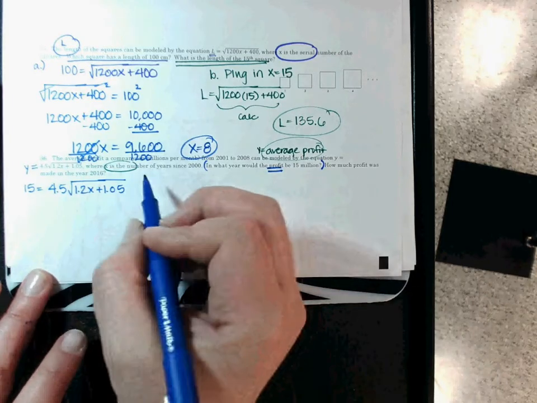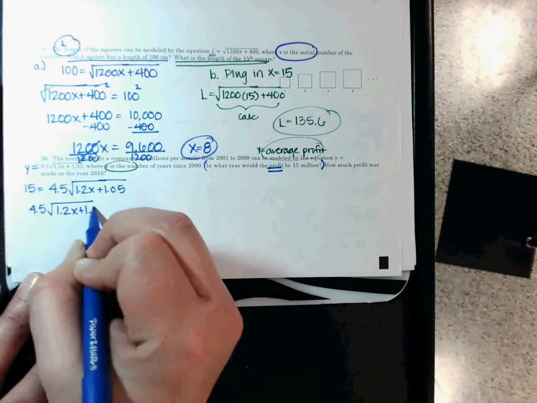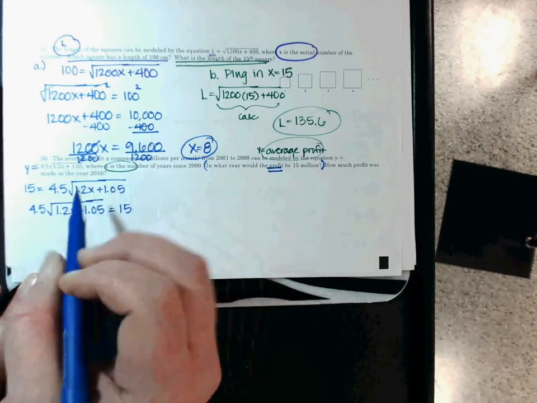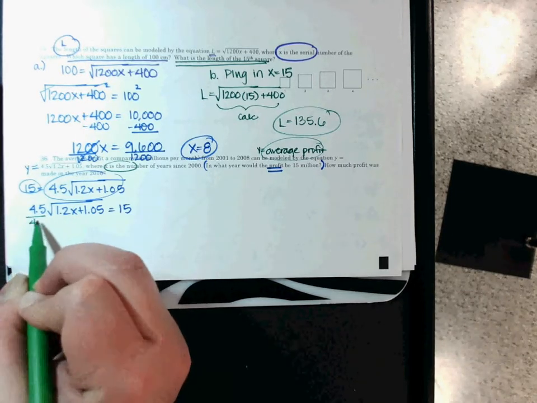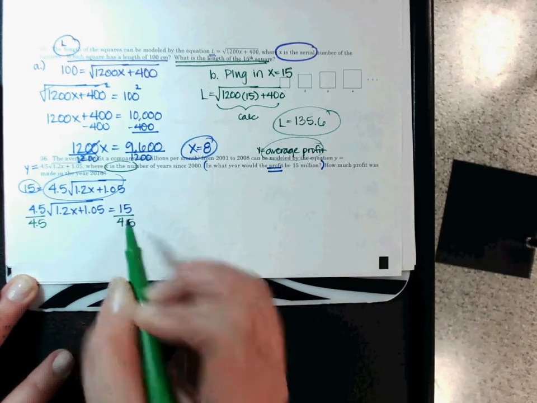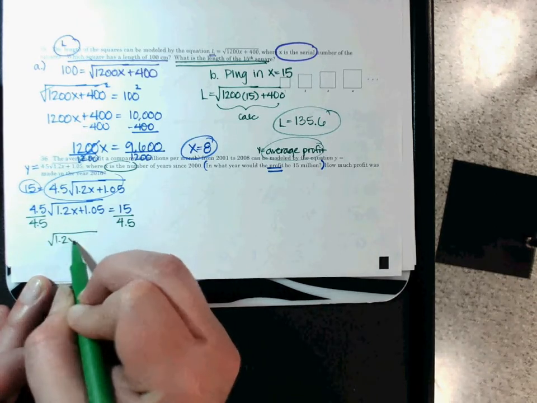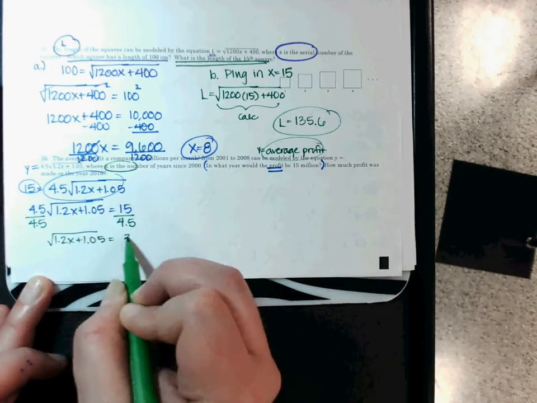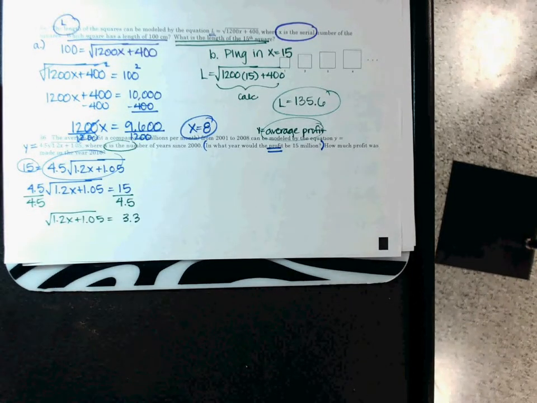Then from there I'd flip it around and then solve. Remember, we switch it around and then we solve. Now on this one, can I square as my first step? No. Divide by the 4.5 first. 15 over 4.5 gives me 3.3. And then what would I do next? You would square both sides.